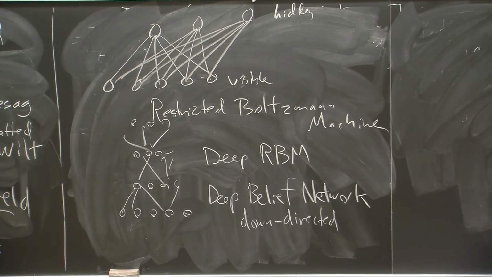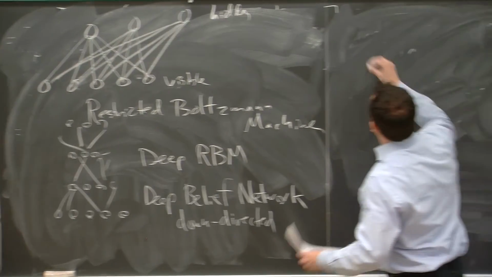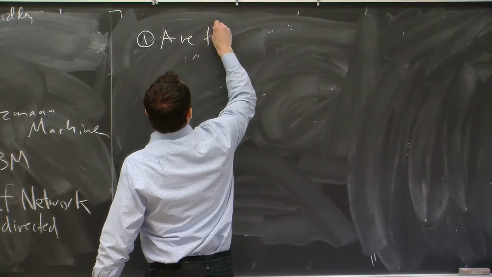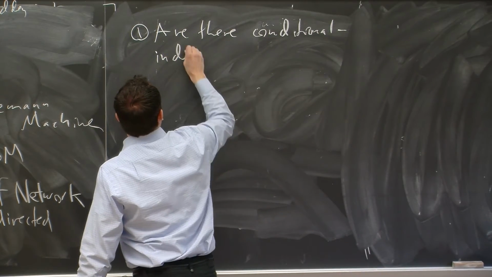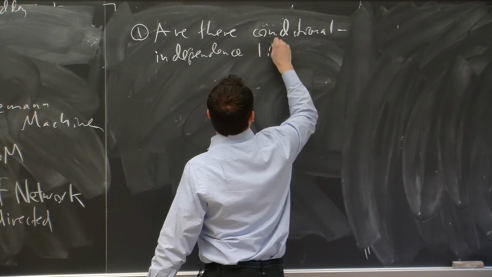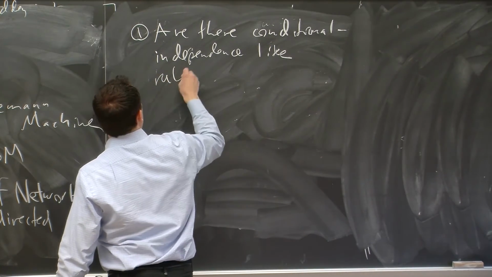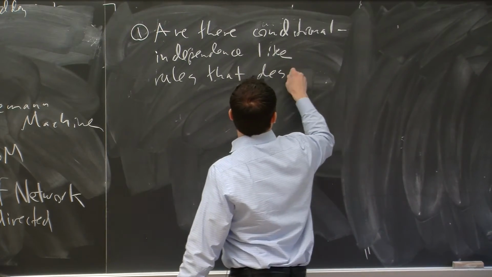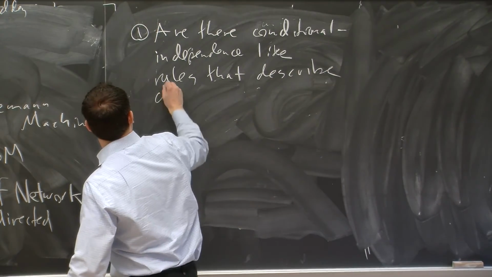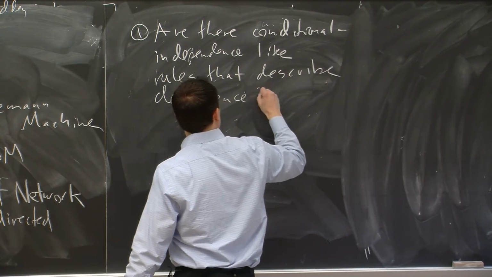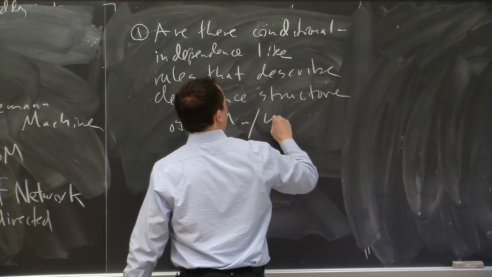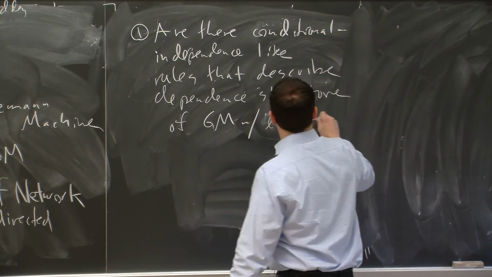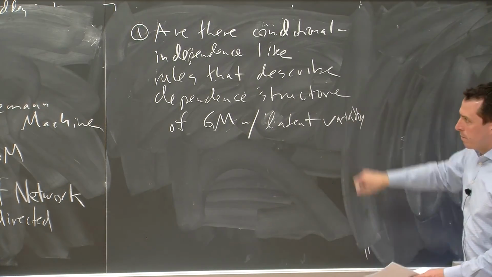And the answer is a little bit yes and a little bit no. So for example, you can ask things like, are there conditional independence rules that describe the dependence structure of, say, graphical models with hidden variables, with latent variables, variables which are never observed by design?